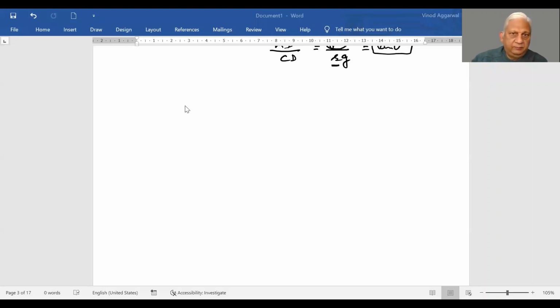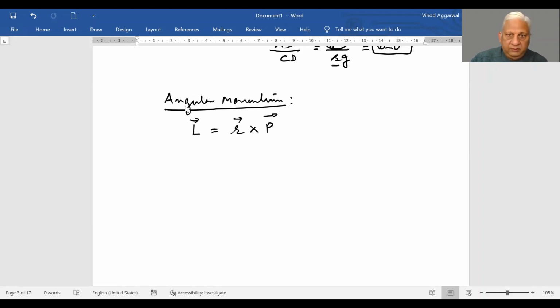Linear momentum, in linear motion, we have. Angular momentum in rotational dynamics. What is angular momentum? Angular momentum is defined by L, which is equal to R cross P. Again, we take a similar diagram.